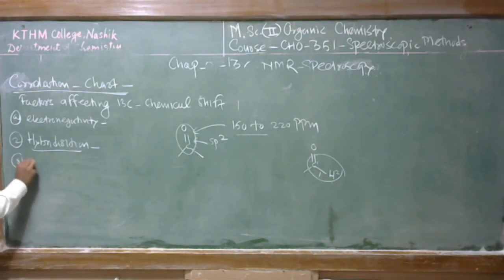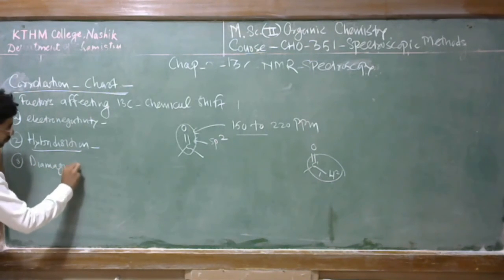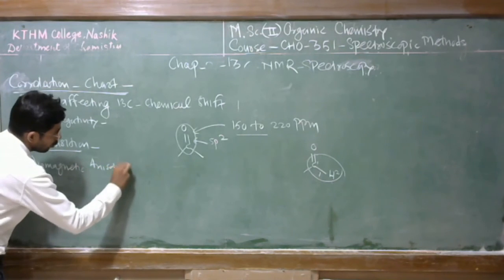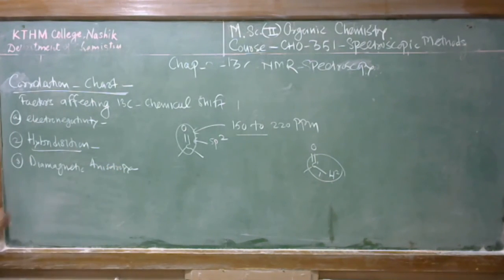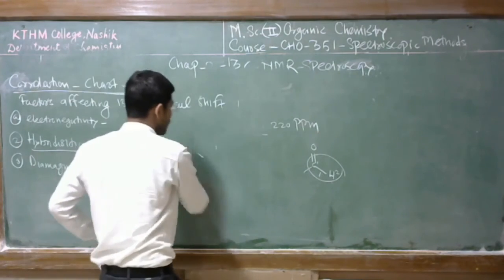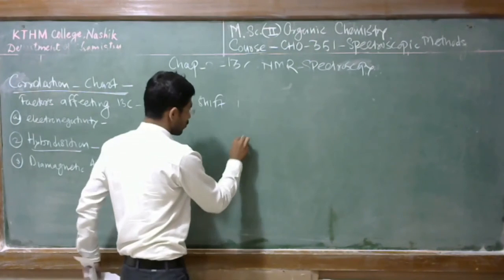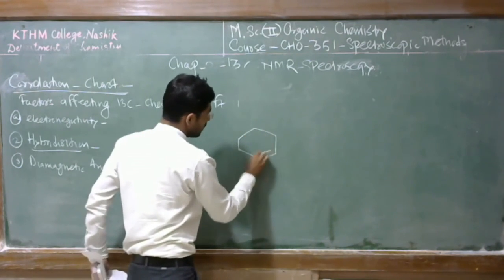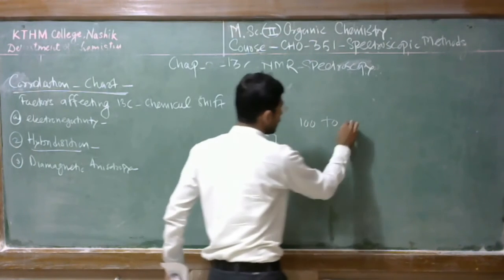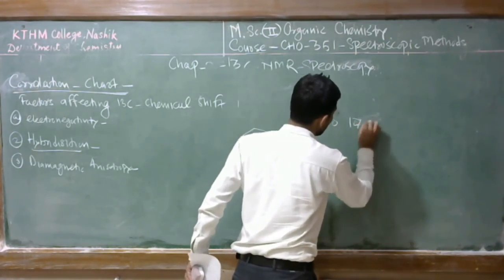And third is the diamagnetic anisotropy. This effect we can observe in alkene compounds and also in aromatic compounds. Aromatic compounds, you know that very well, appear in 13C from 100 to 150 or 175 ppm.